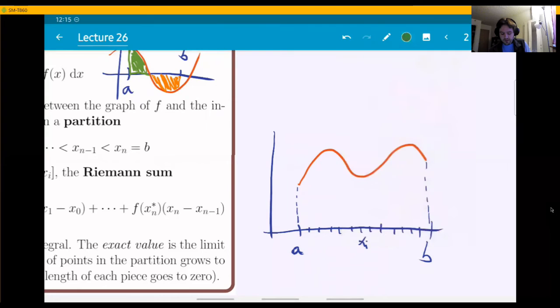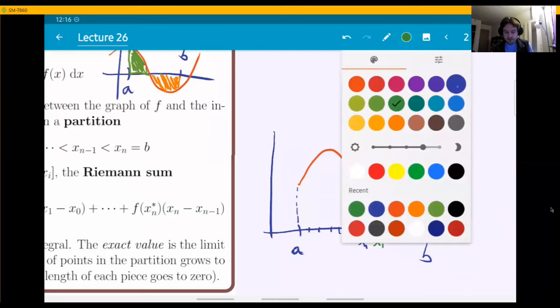So in each one of these pieces, you're going to consider a rectangle whose height is determined by the value of, that's the thing that we call xi star. So you look at f of xi star, here's f of xi star. So you're going to be looking at a very narrow rectangle like this, and you're going to add up the areas of all these rectangles. That's a good approximation for the integral.